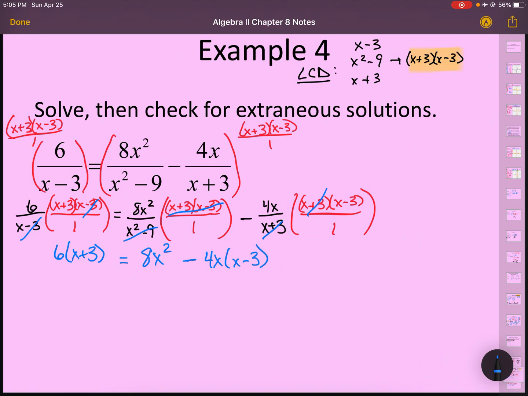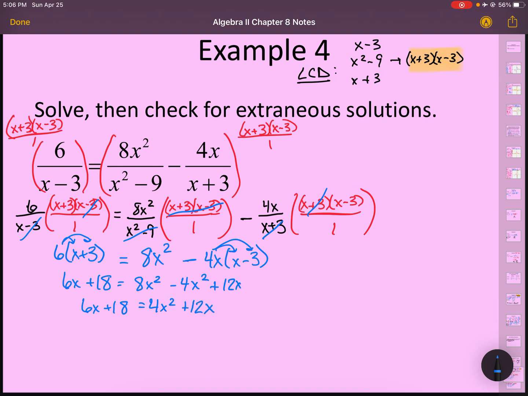And if we go simplifying, we could do some distribution here. So 6x plus 18 equals 8x squared. And distribute here, negative 4x squared plus 12x. And we're going to combine some like terms. So this is 4x squared plus 12x on this side.